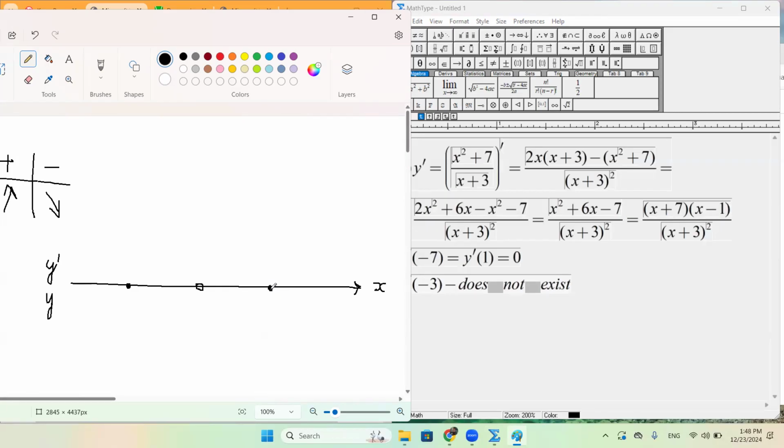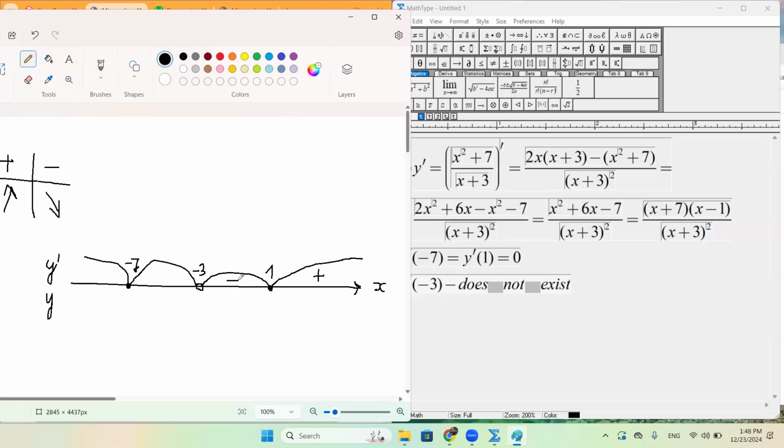Pay attention that minus 3 is excluded. Investigating signs, we choose, for example, 2, so it will be positive.